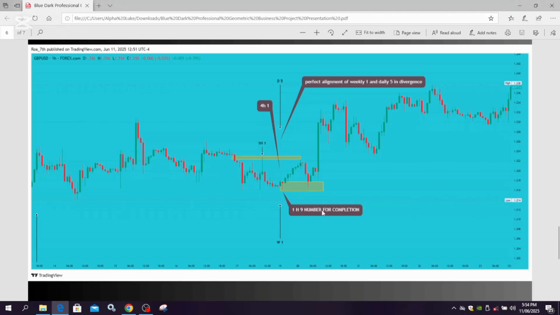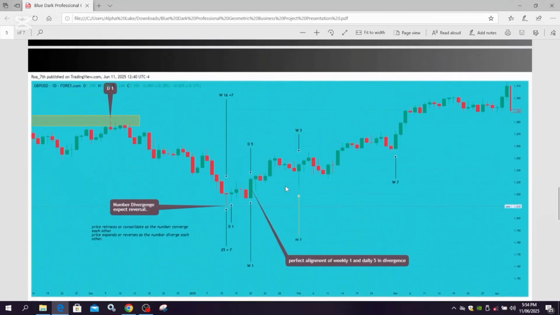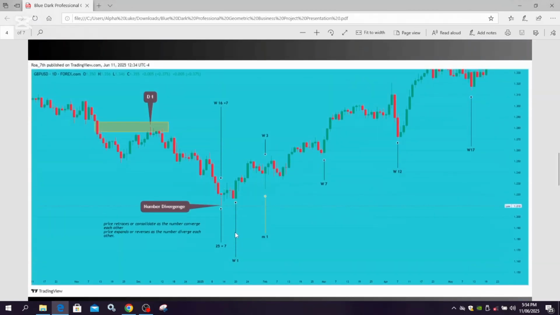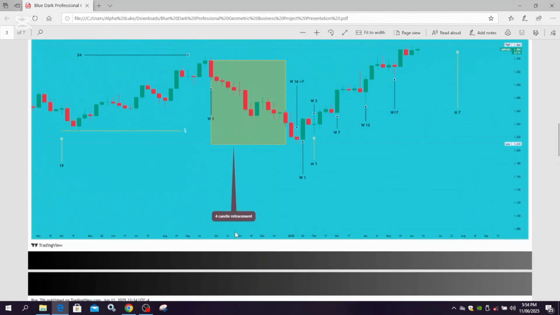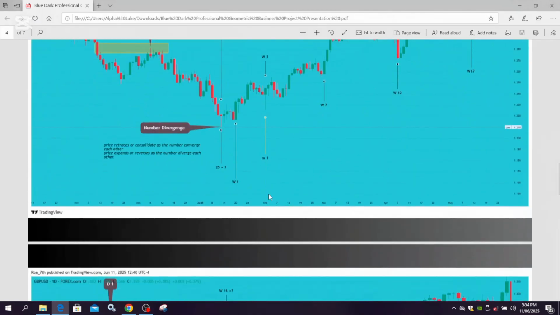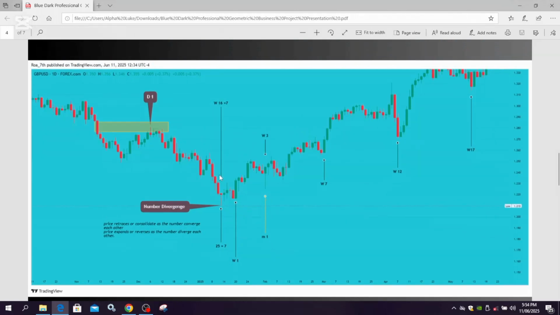Remember we said that 9 is the number for completion. So when you go down to the lower time frame and you see that there's a perfect alignment between this guy and this guy in divergence, and then when you go up into the higher time frames, you also see that this weekly is in alignment. This weekly is in divergence.